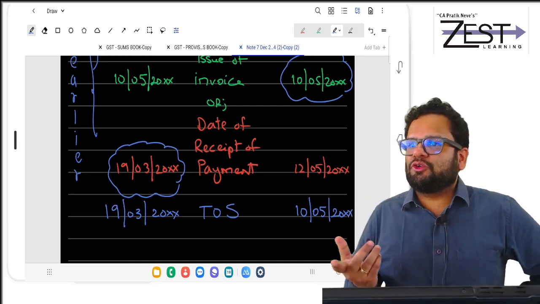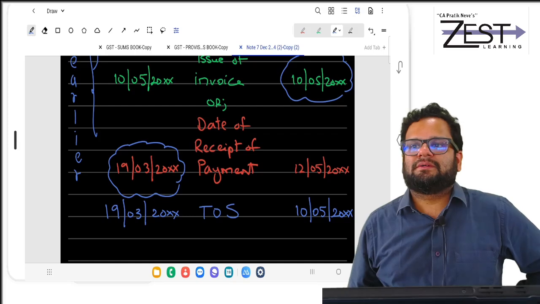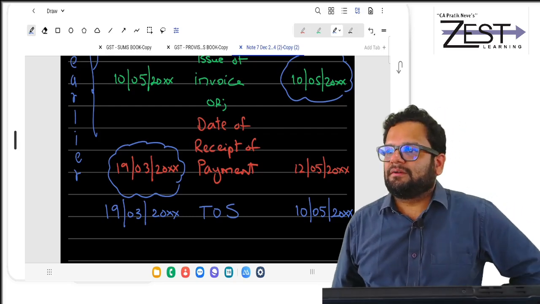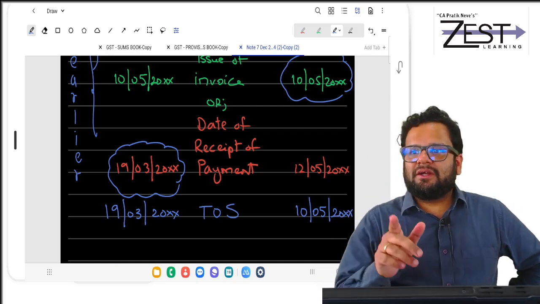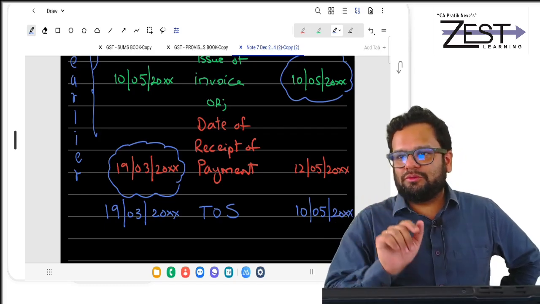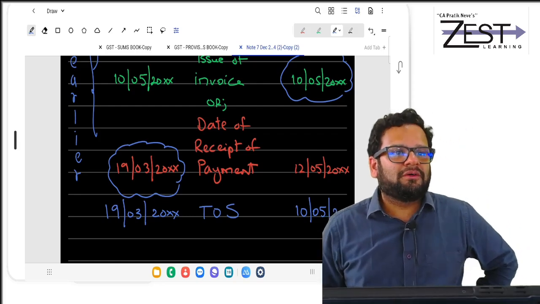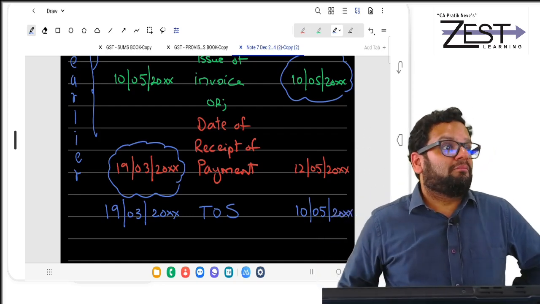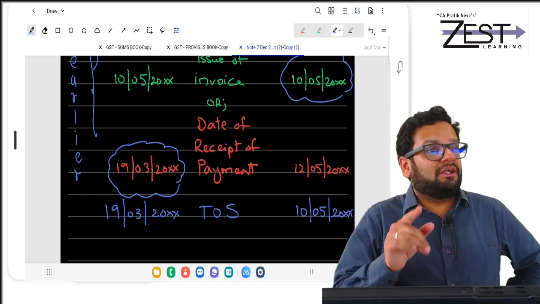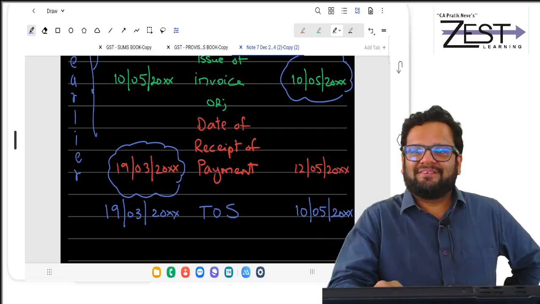After this, what should we do? Logically, we did 12(2), then we did 13(2). Now what should we do? 12(3) logically. But 13(2) has a proviso.